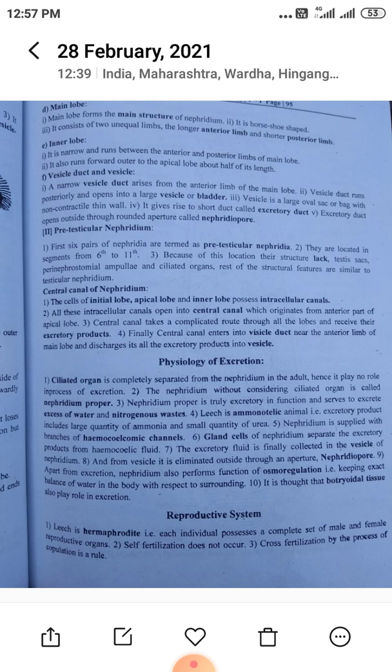Apart from excretion, the nephridium also performs the function of osmoregulation, that is, keeping an exact balance of water in the body with respect to the surroundings.